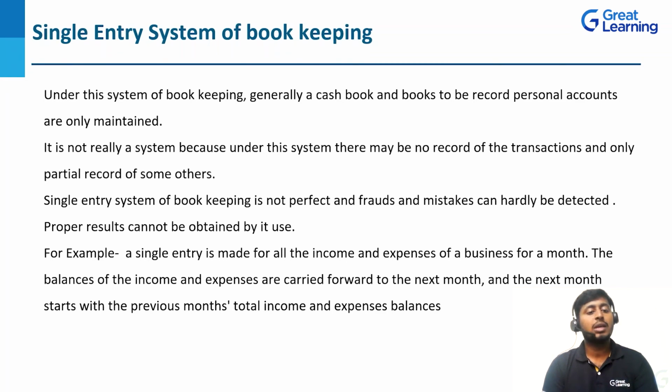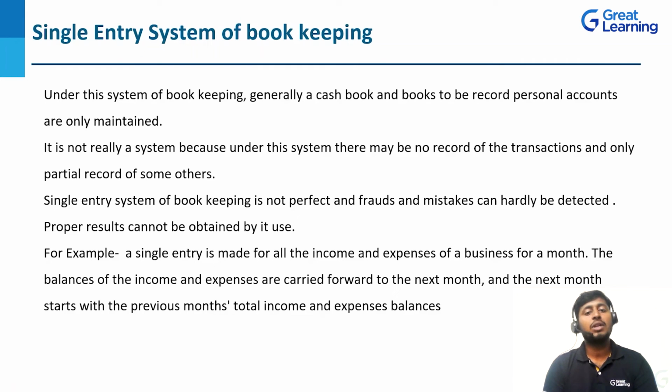Okay. So for example, a single entry is made for all the income and expenses of a business for a month. For 1 month, they are going to record whatever the incomes are and whatever the expenses are. Just that they are going to record. The balances of the income and expenses are carried forward to the next month.